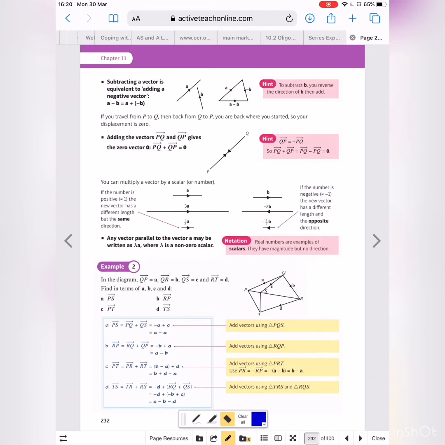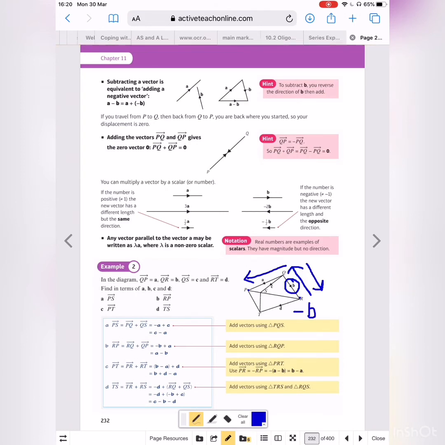So let's look at B then. B is asking us to go from R to P. Hopefully we can see the easiest route is going to be to go from there to there, and then there to there. So R to Q, well, that arrow's facing the wrong way. So all we need to do is do minus B, because remember the positive direction is that way.